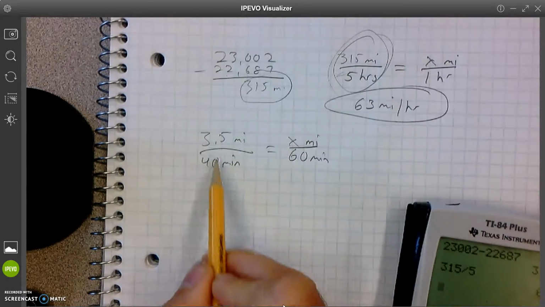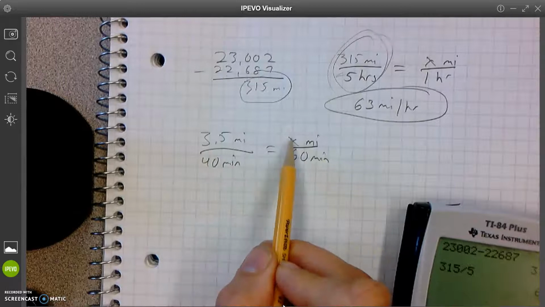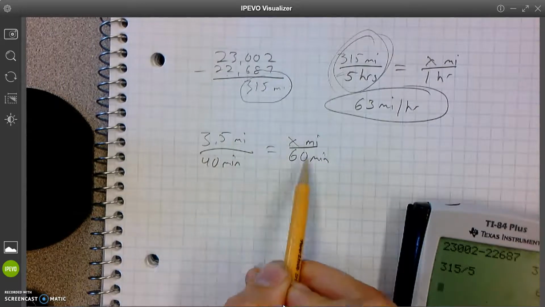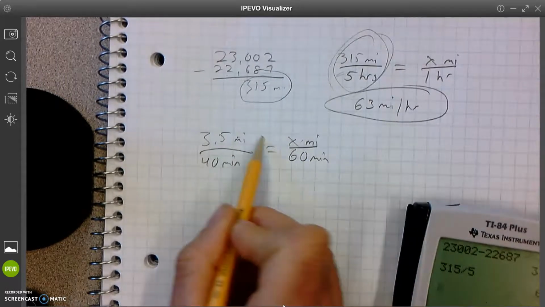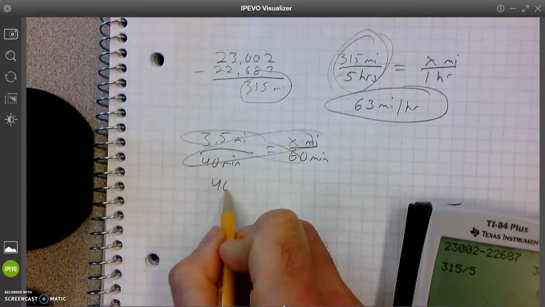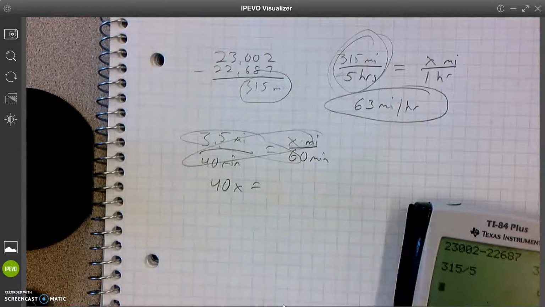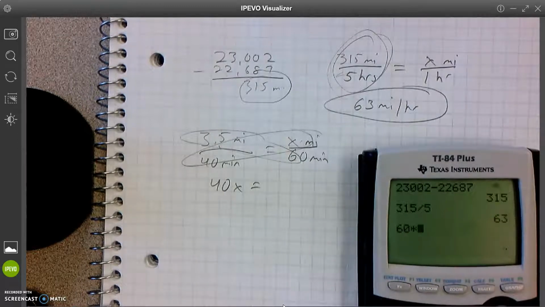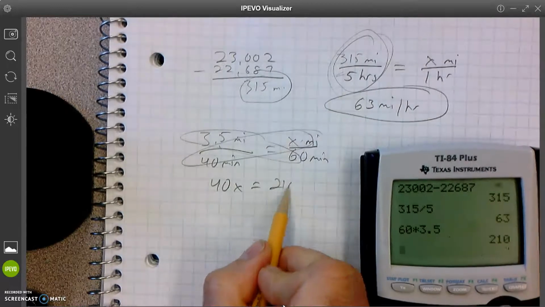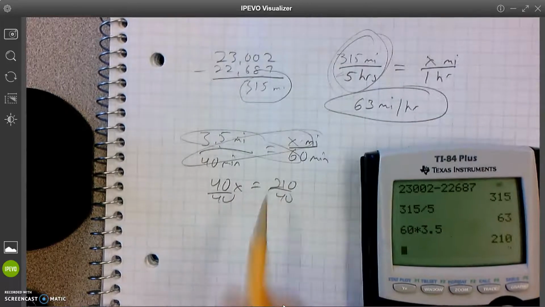Now I can find the unit rate here if I want to, but I can just keep it like this because this is a good proportion because I have minutes and minutes and miles and miles. So it's cross multiply and divide. So 40x equals 60 times 3.5, divided by 40.